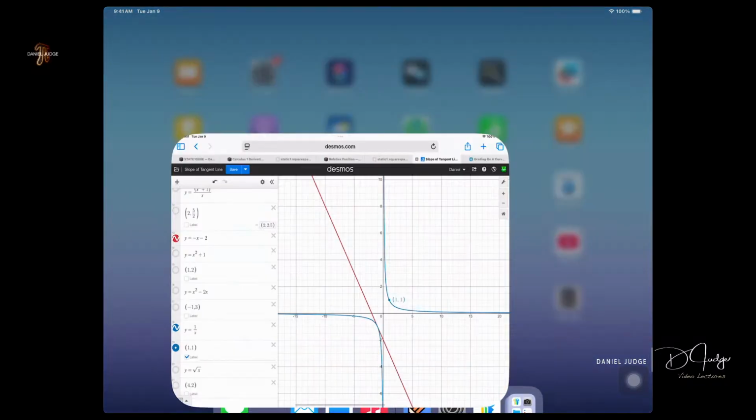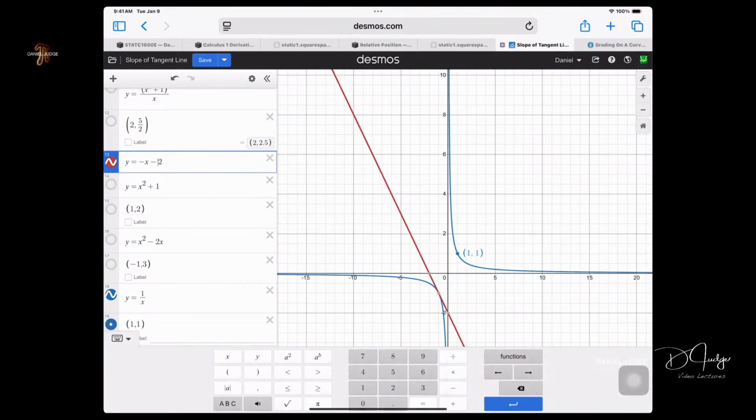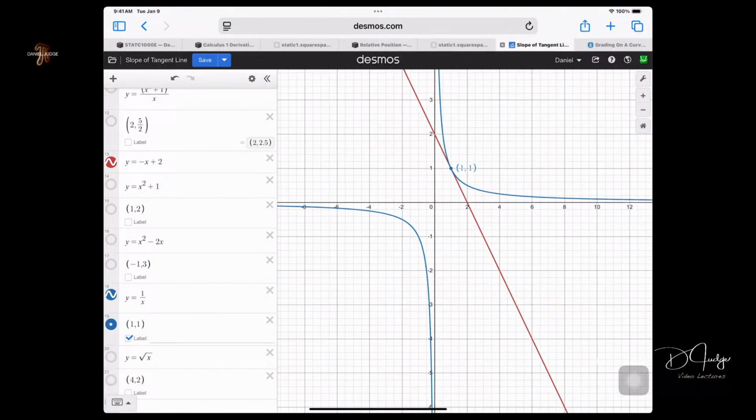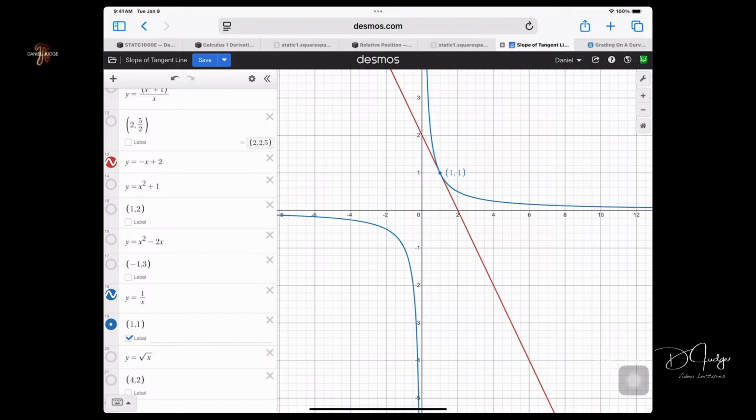Negative x plus 2. There we go. I wanted to show you guys directly that that's the equation of the line tangent to the curve at the location (1, 1). That line is barely touching, barely kissing the curve at that location. All right.